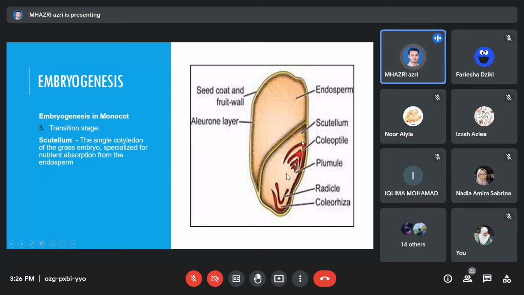Apart from nutrient absorption from the endosperm to the embryo, it also serves as a protective layer to protect the coleoptile, which is the protective layer for the leaf that will develop later, and also the radicle, which will produce the root.